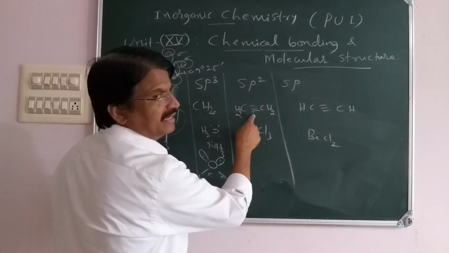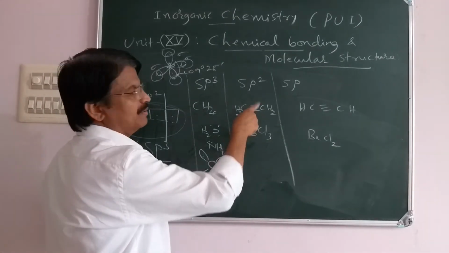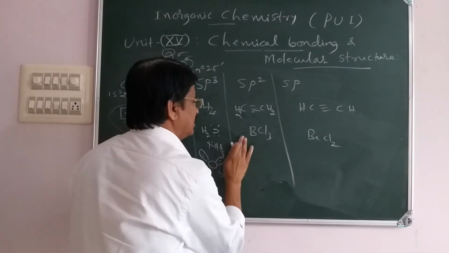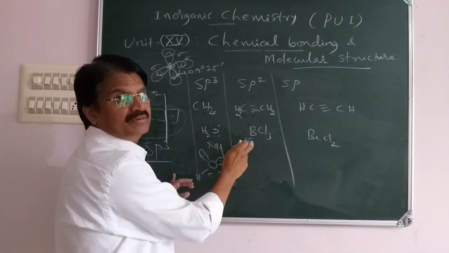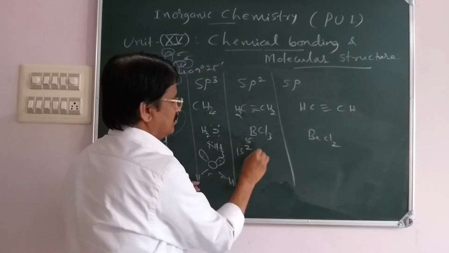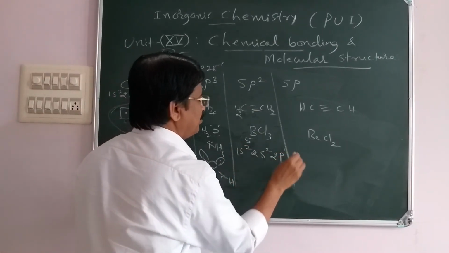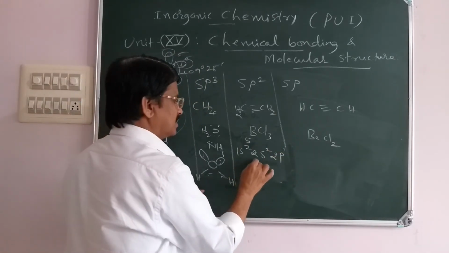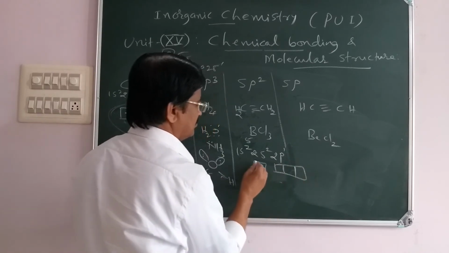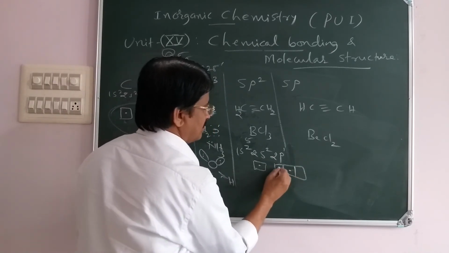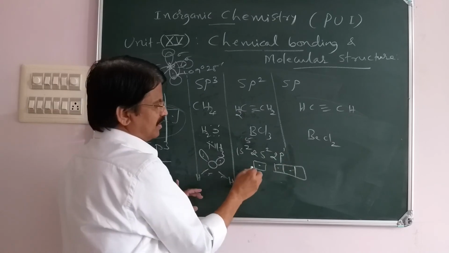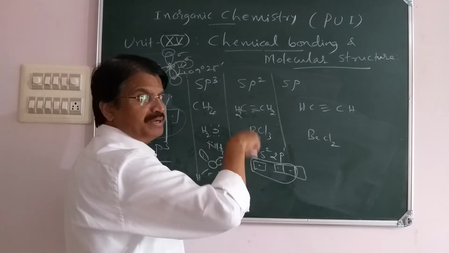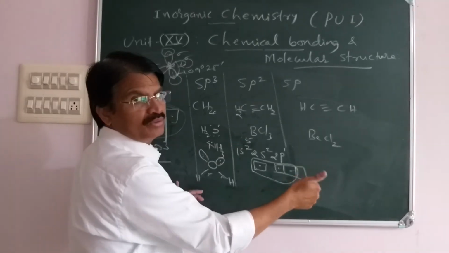In case of ethene or any alkenes where there is a double bond, C double bond C is sp2. But in case of BCl3, boron atomic number 5, 1s2, 2s2, 2p1. In ground state 2s2, 2p1, then excited state. See here, one electron shifts here, and it undergoes sp2 hybridization, and here no unpaired electron.